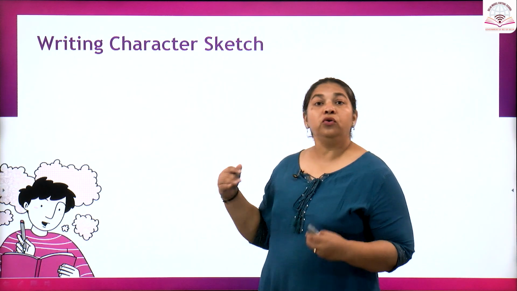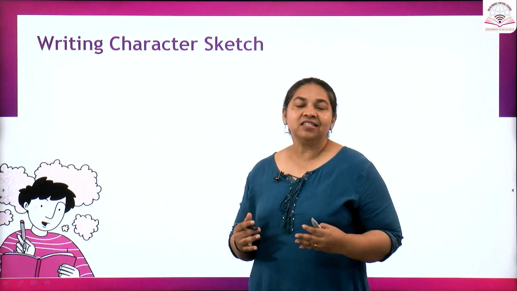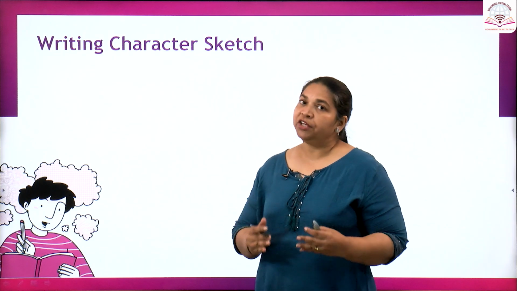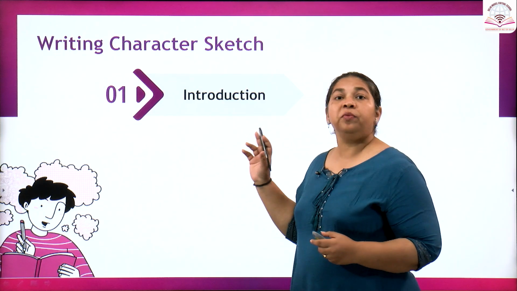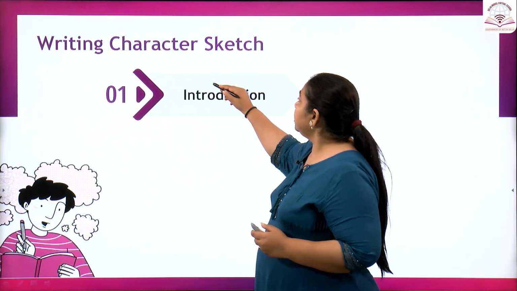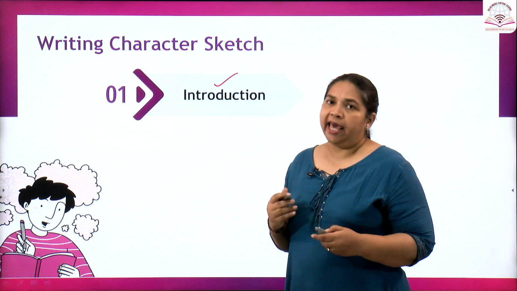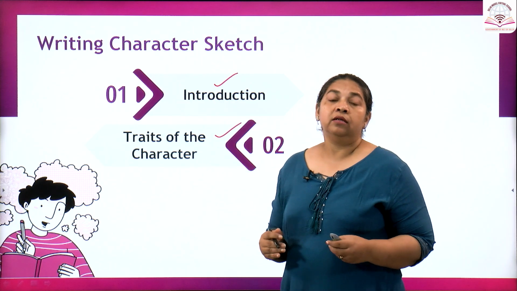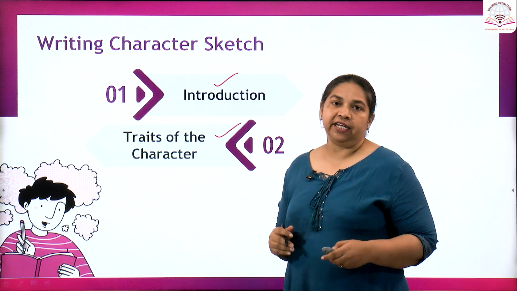Now that you know about different types of characters, let us study how to build the character sketch of a particular character in a story. There are different steps to be followed, and the first step would be introduction. We have to introduce the character, and then the traits of the character, both internal traits as well as external traits.